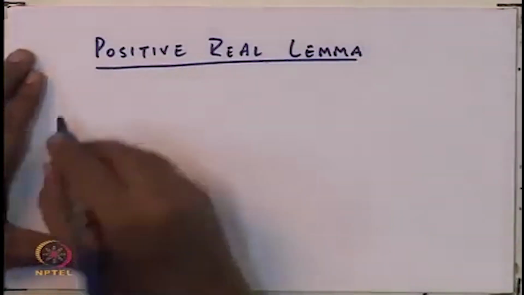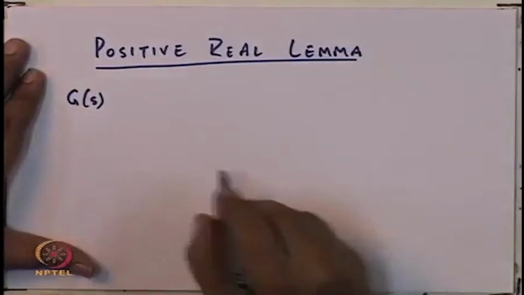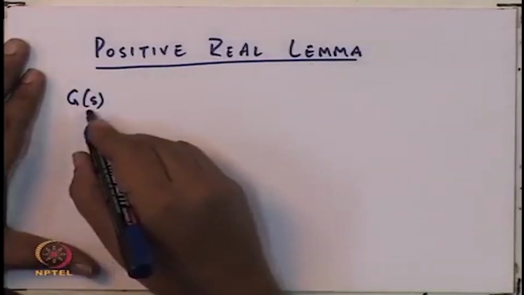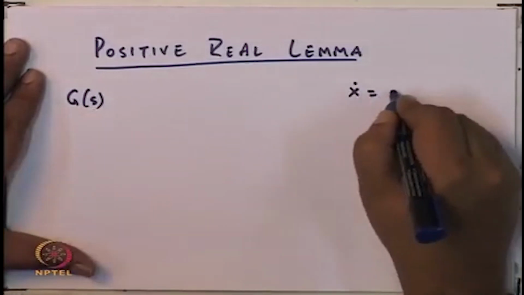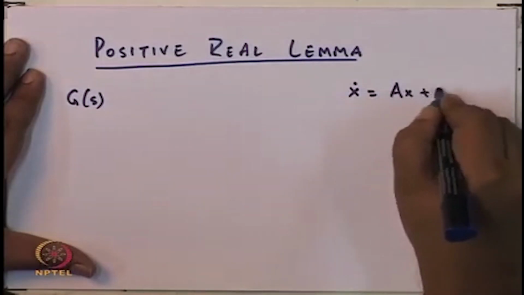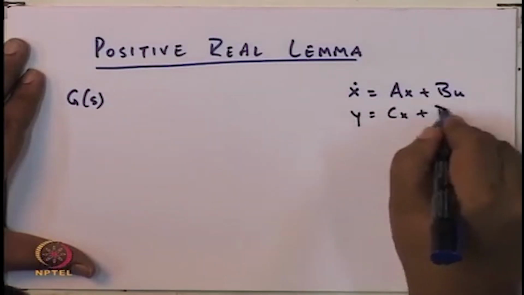Let G(s) be a transfer function, and let's assume that there is a minimal state realization of this transfer function, which is given by x dot equal to Ax plus Bu, y equal to Cx plus Du.